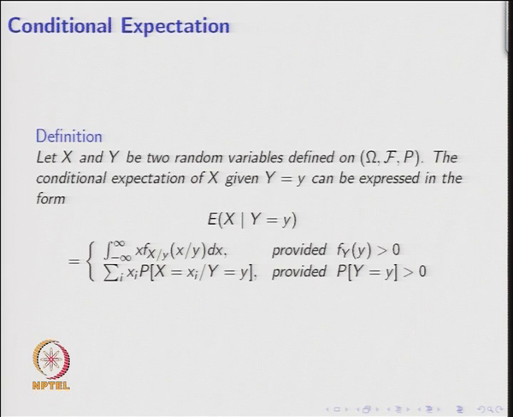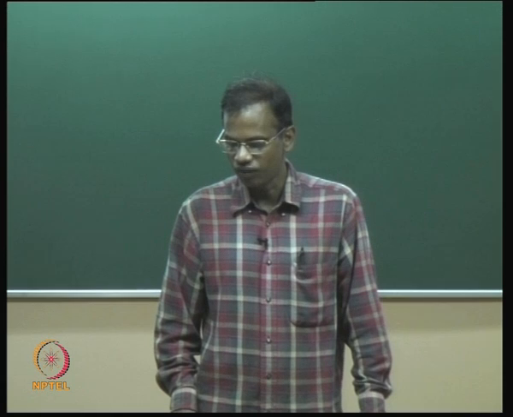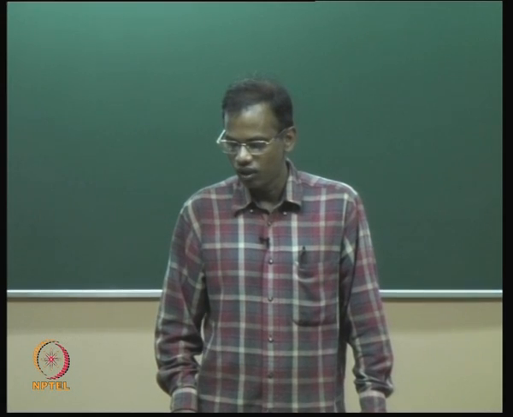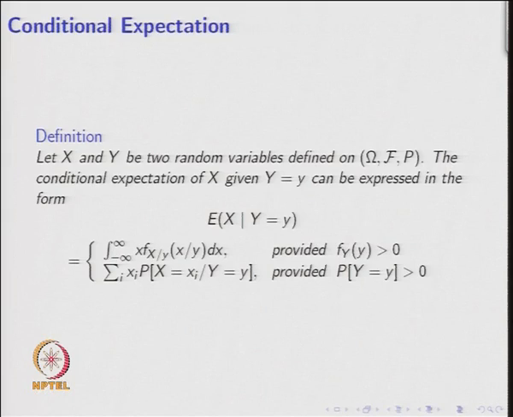If both the random variables are continuous, then it can be defined as the integral from minus infinity to infinity of x times the conditional probability density function of the random variable X given that the other random variable takes a value small y, integrated with respect to x, provided the probability density function of the random variable Y at the point y is greater than 0.